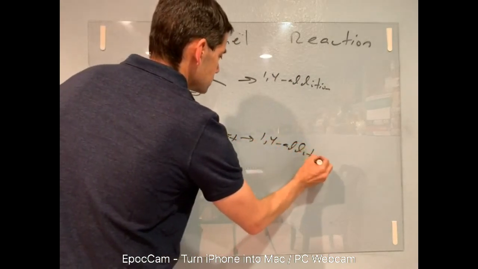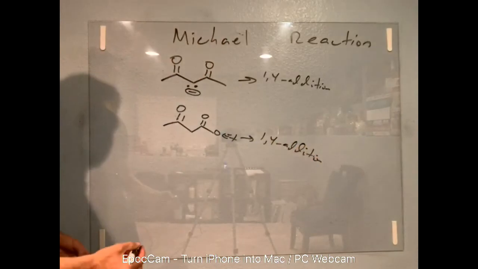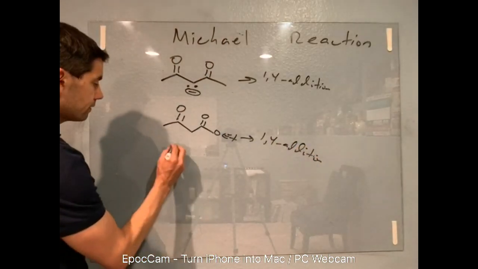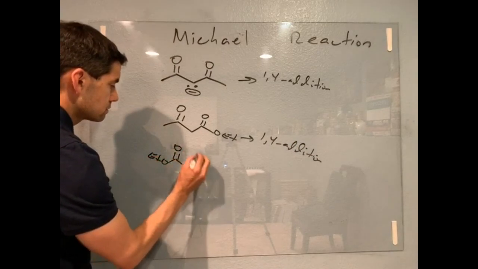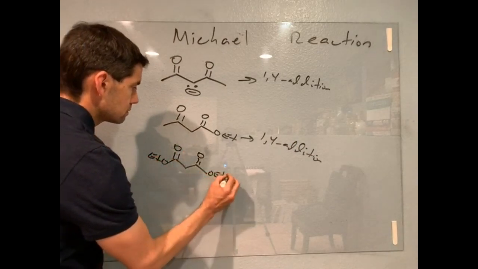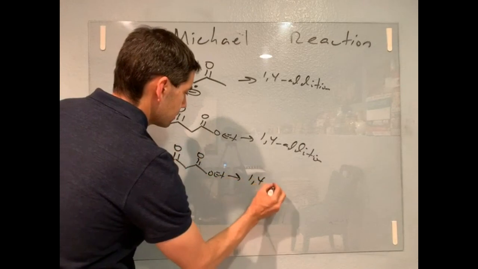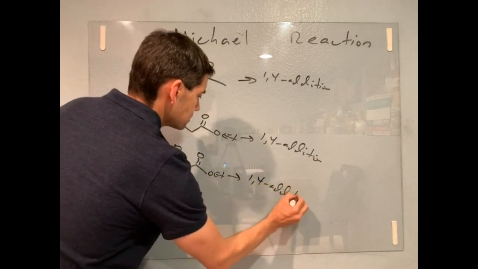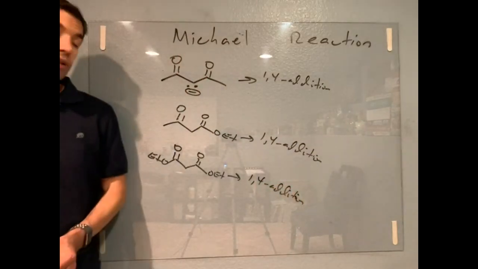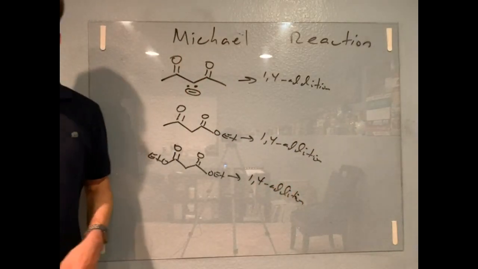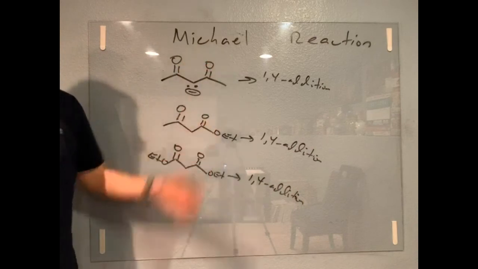All right, let's also do a 1,4 addition. We could have two esters off of here as well. These ones would also participate in that 1,4 addition with our alpha-beta unsaturated carbonyl to do our Michael reaction.